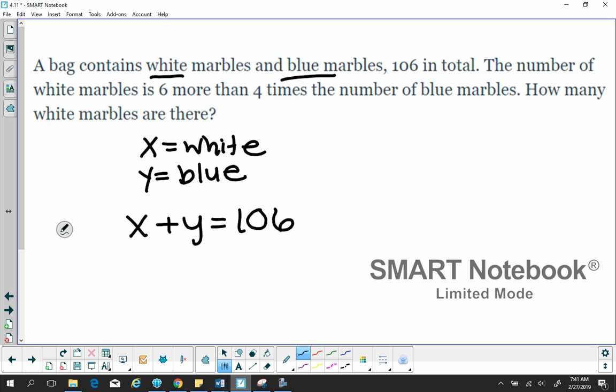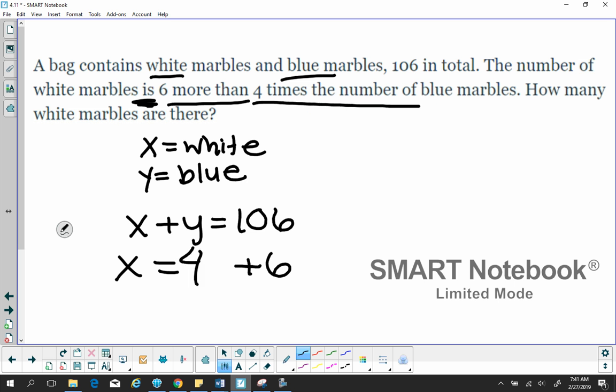The number of white, so what letter do we use to represent white? X or Y? X. White is, and "is" means what? Equals. 6 more than, so I know I'm adding 6 more than 4 times the number of blue.